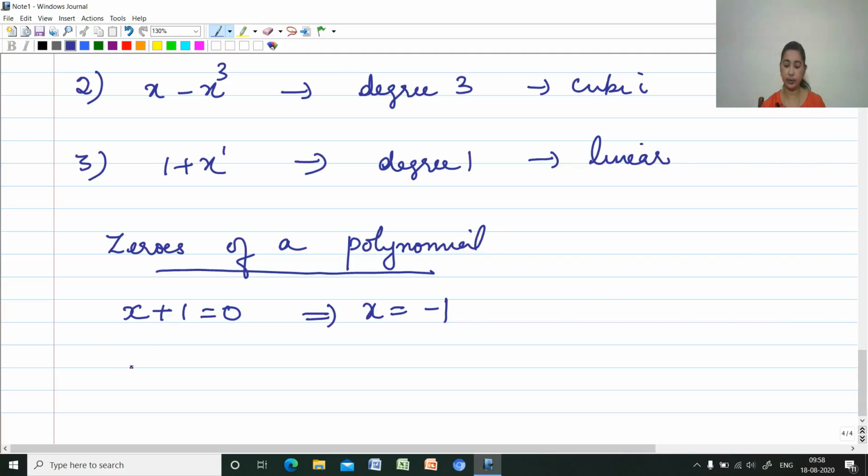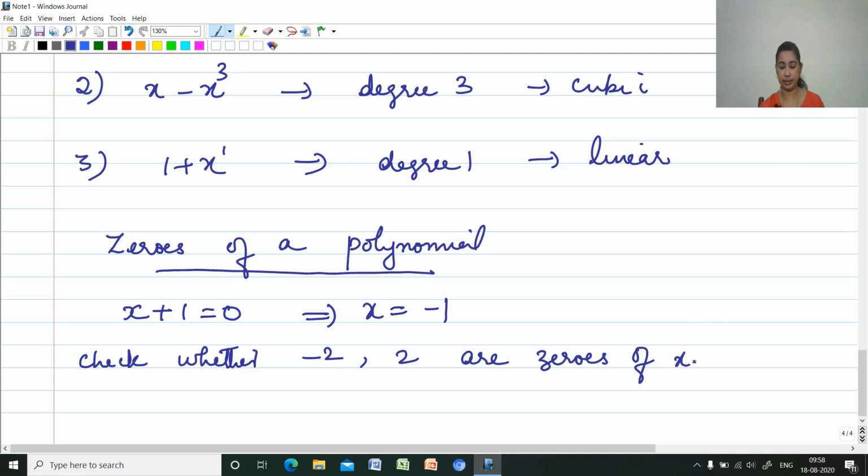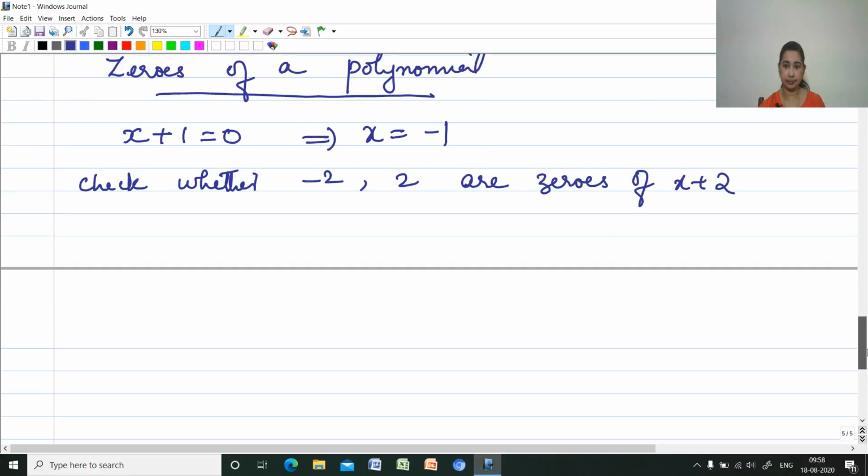Check whether minus 2 and 2 are zeros of the polynomial x plus 2. We will write the polynomial as p of x is equal to x plus 2. First I need to check whether minus 2 is a zero of this polynomial.